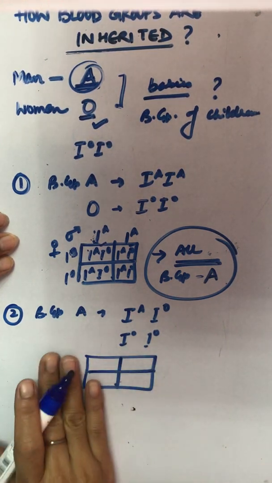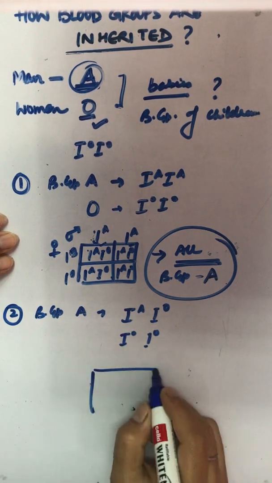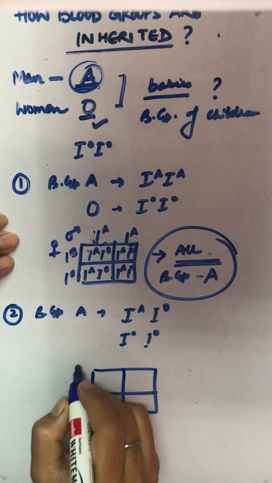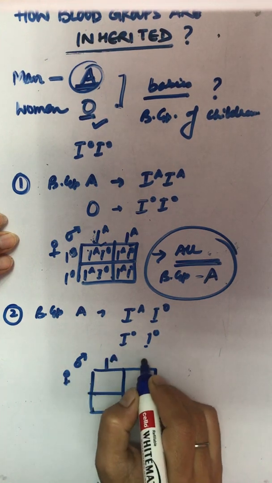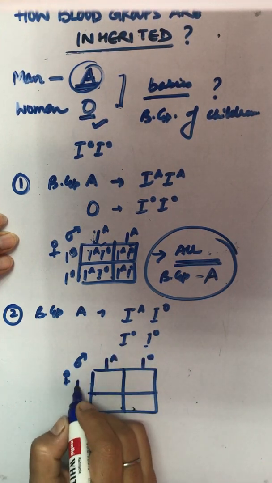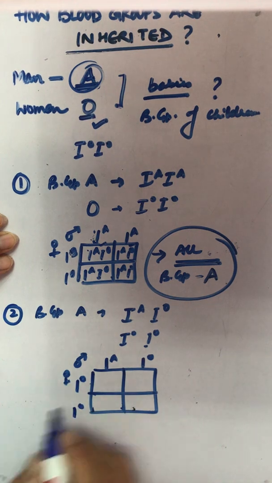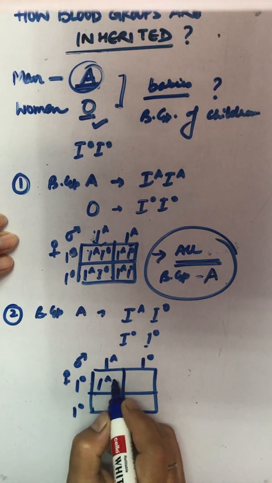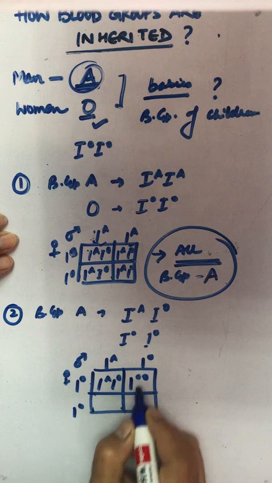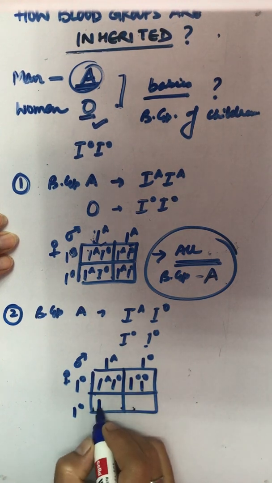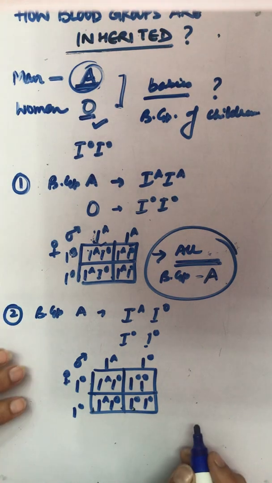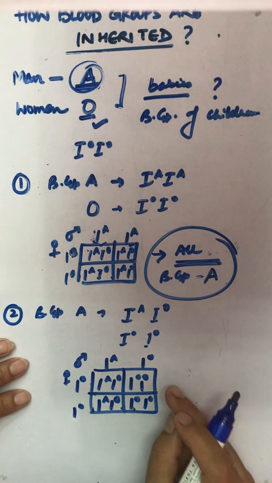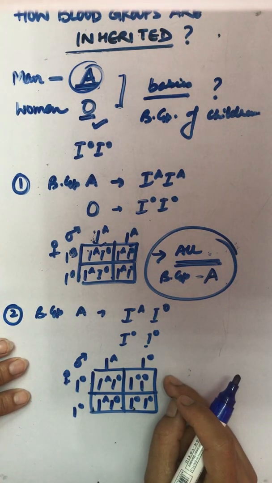Let's consider the case. This symbol is for male, and we are writing the male genotype here and the female genotype here. IAIO, IOIO, IAIO, IOIO.